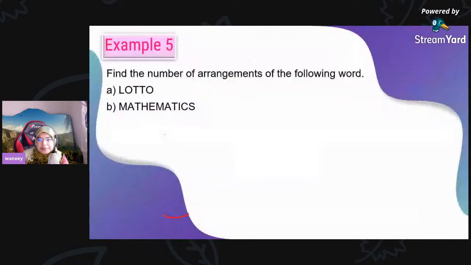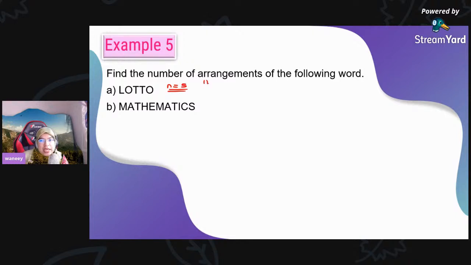Okay, next. Find the number of arrangements for the following word. Let us see how many letters we have over here. 1, 2, 3, 4, 5, so N is equal to 5. How many L?